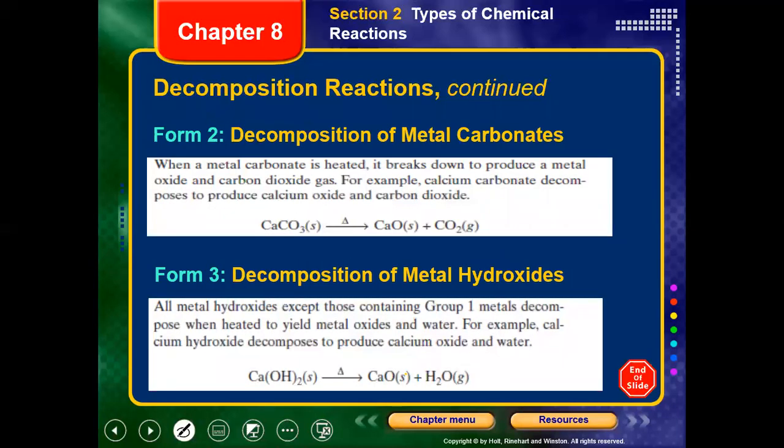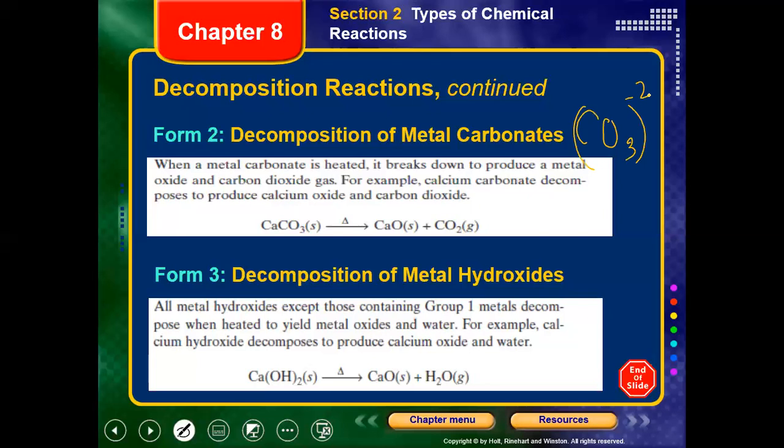The second form of decomposition reaction is decomposition of metal carbonate. Carbonate means CO3, as you know, the polyatomic ion chemical formula for carbonate is CO3. When a metal carbonate, mainly an active metal carbonate, decomposes by using heat, it will decompose into metal oxide and carbon dioxide.